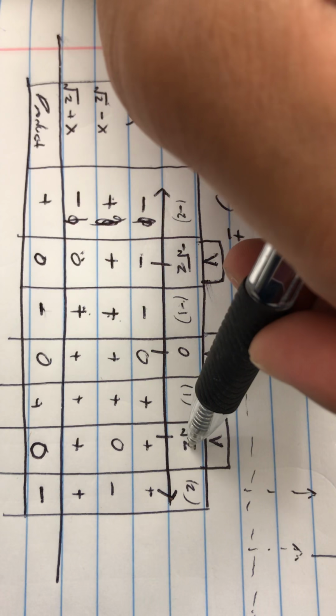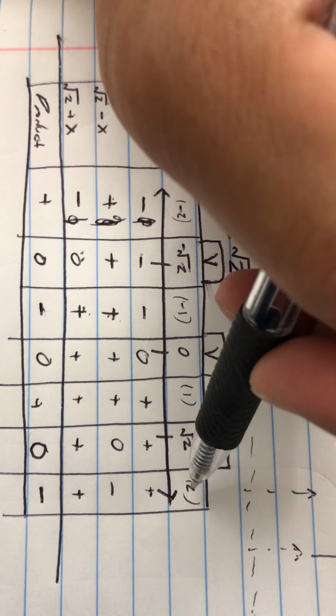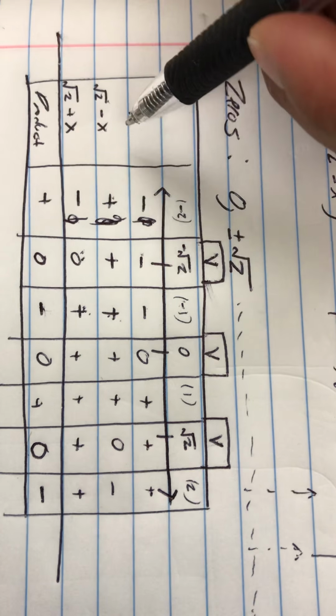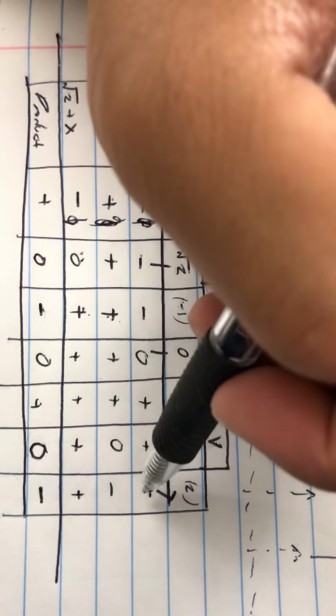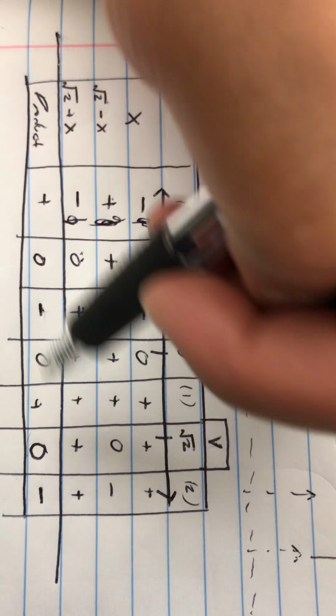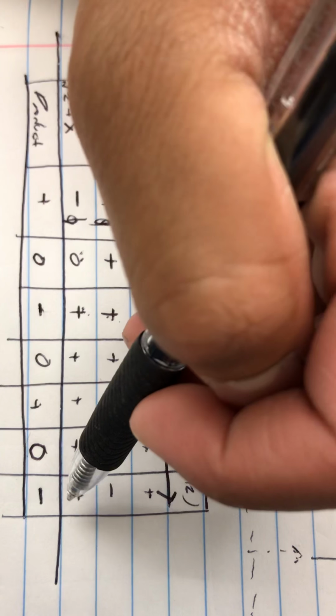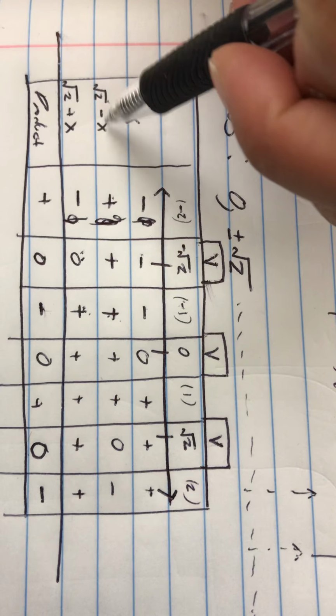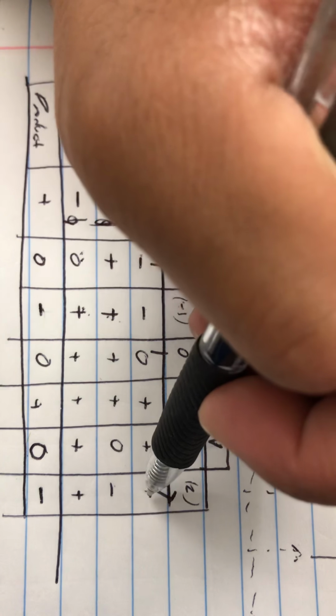And then everything beyond square root of 2 can be tested by using the value of 2. So if I was to plug in 2, the problem is that even though y equals x would be positive, and y equals square root of 2 plus x is a positive value, this value right here becomes negative. So that continuously makes this into what? A negative value once you take the product of them.